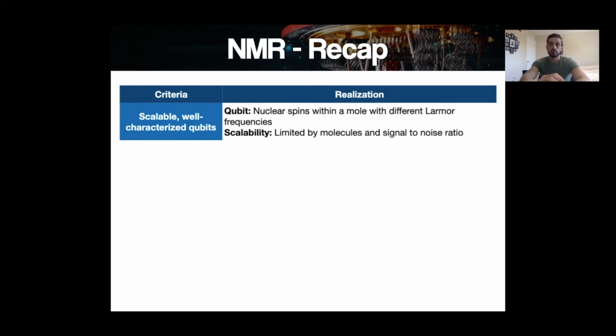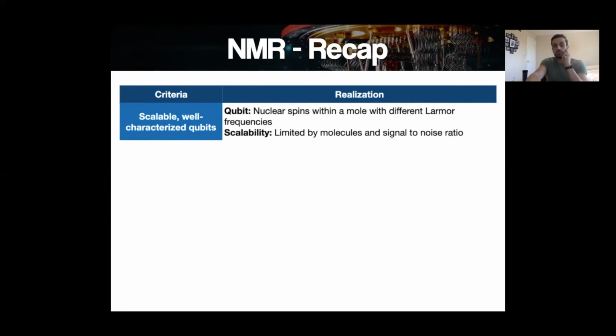And so the largest molecule that's been used for NMR quantum computing that I know of consists of 12 qubits being controlled well. The other issue, as you try to apply more pulses, is that your signal to noise ratio is going to be another limiting factor.